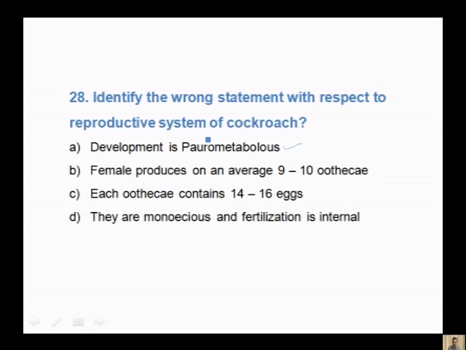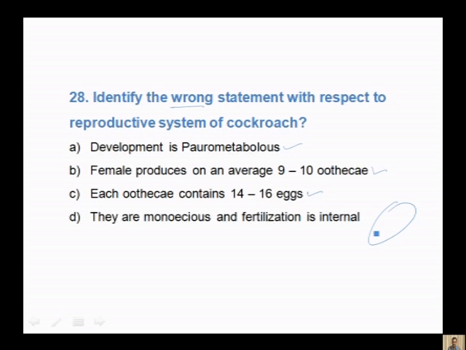This point is correct. We need to identify the wrong statement, remember. Second option, females produce an average of 9 to 10 ootheca. This is also correct. Each ootheca contains 14 to 16 eggs.